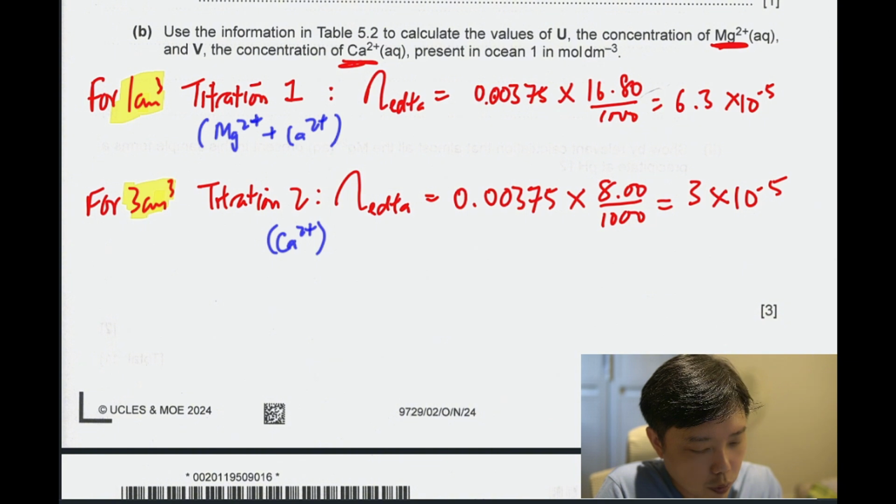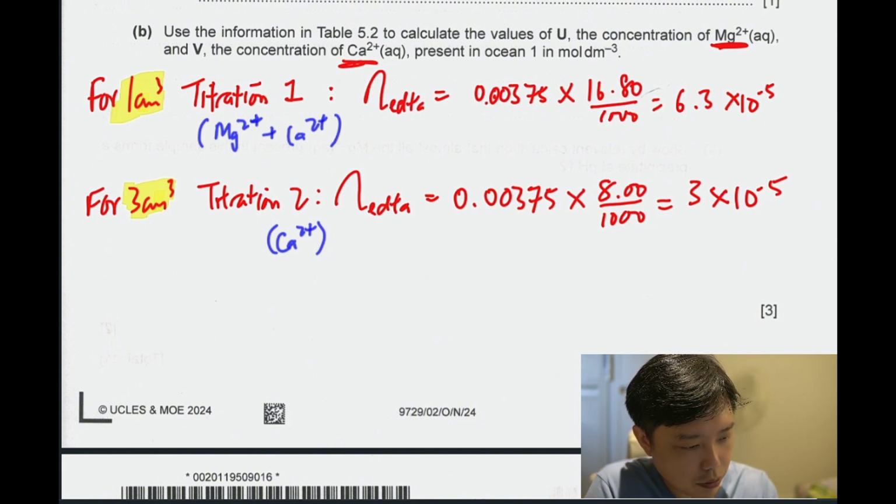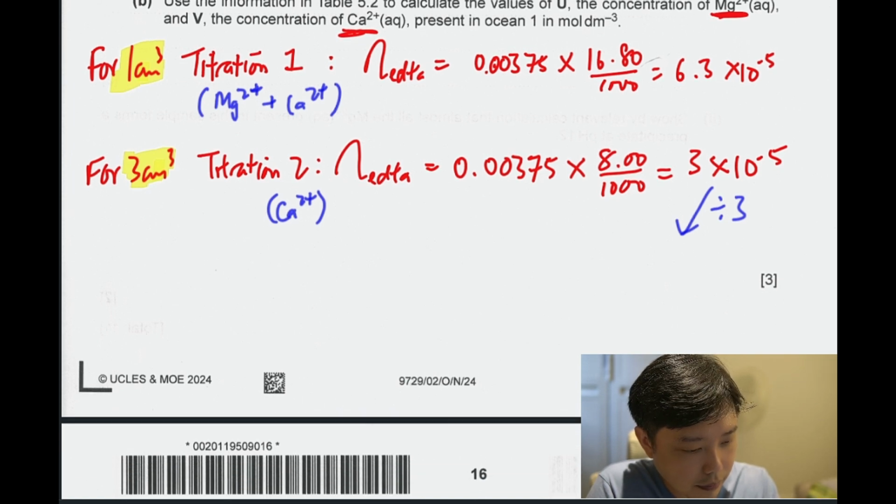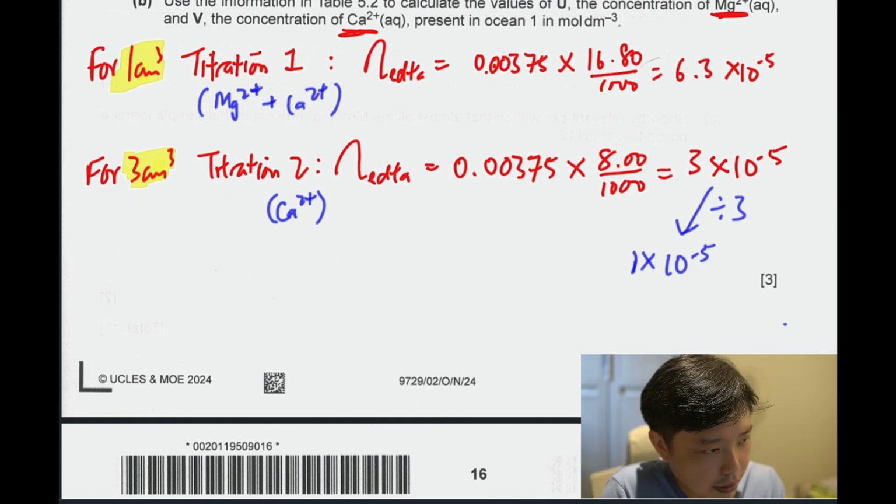If you want to standardize it, you will divide this value by 3, then you will get 1 times 10 to the power minus 5 moles of EDTA if it was 1 cm cube.